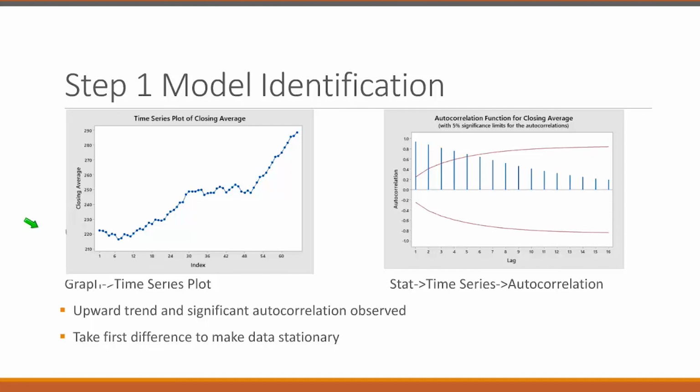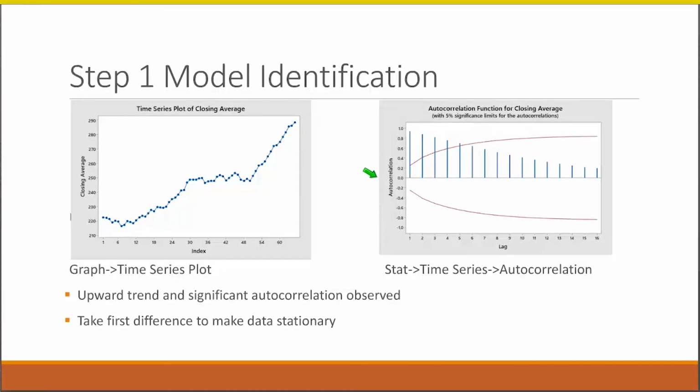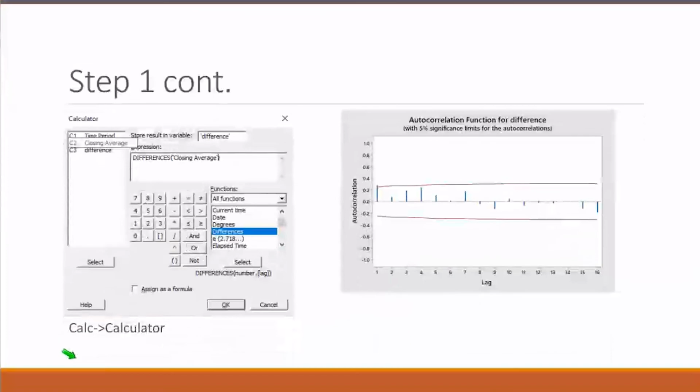That means for the I part, at least we need to take the first difference to see what happens. The autocorrelation function here also shows that there is a strong trend, because the autocorrelations are all significant until the fifth lag, and they are dying slowly. That further confirms that we need to take the first difference. Therefore, the next step is to take the difference of the data.